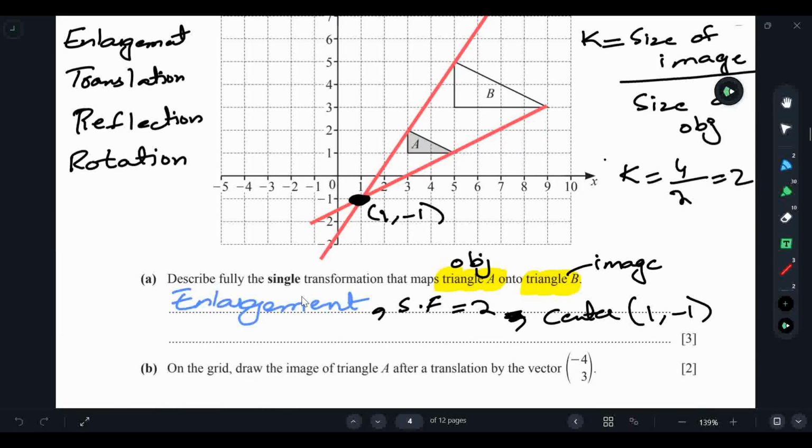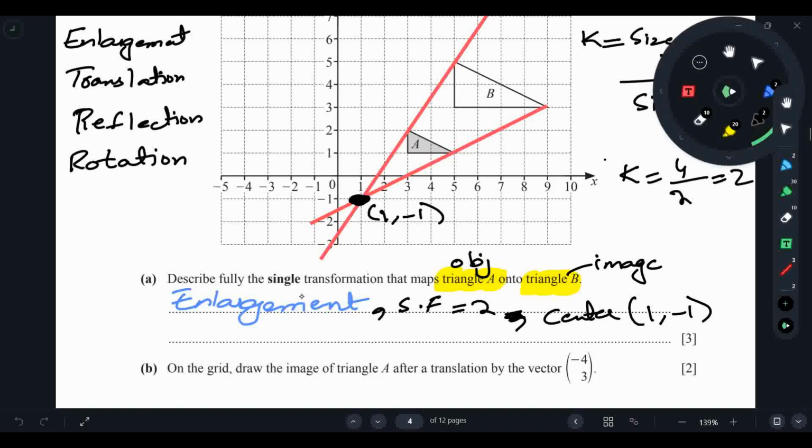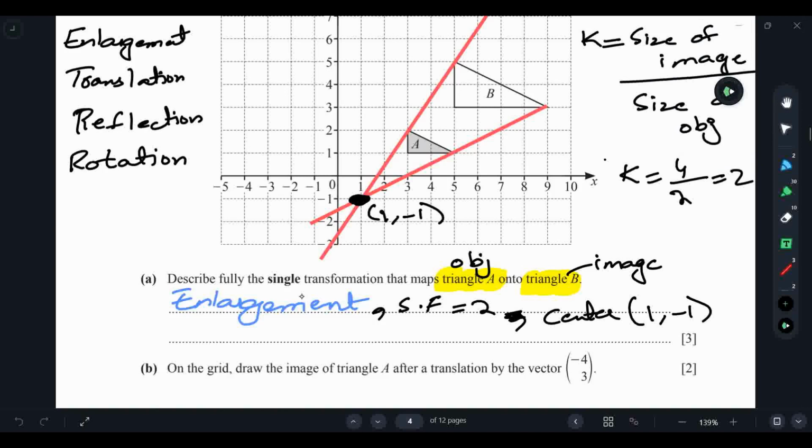On the grid, draw the image of the triangle A after translation by the vector (-4, 3), which means that -4 will be the x coordinate and 3 will be the y coordinate.